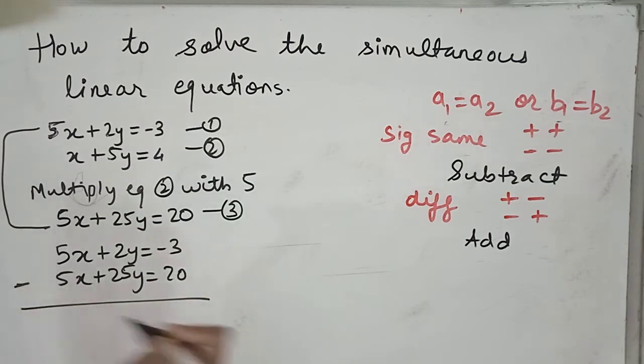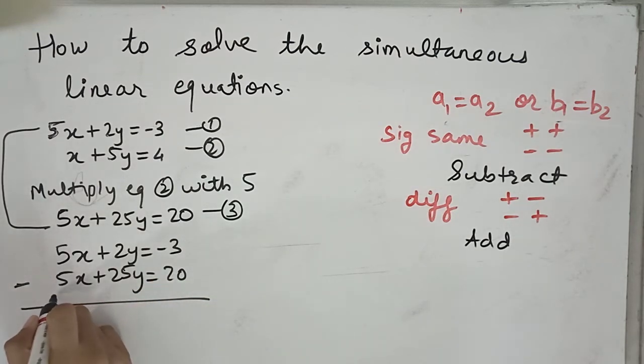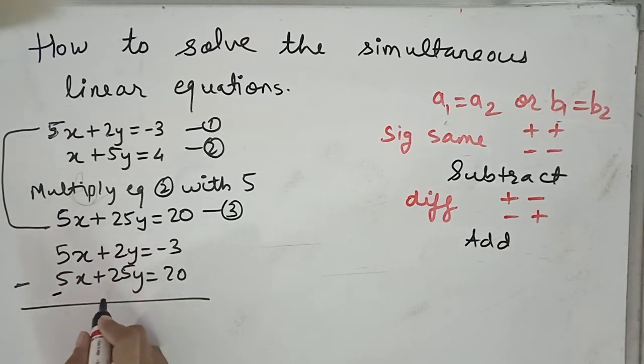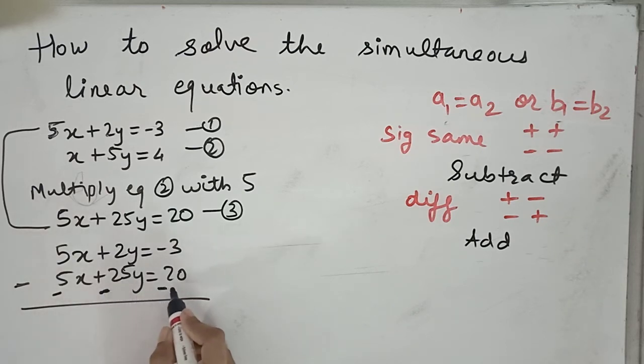Subtracting, we will change all the signs of the second equation, so that will be minus 5x minus 25y is equal to minus 20.